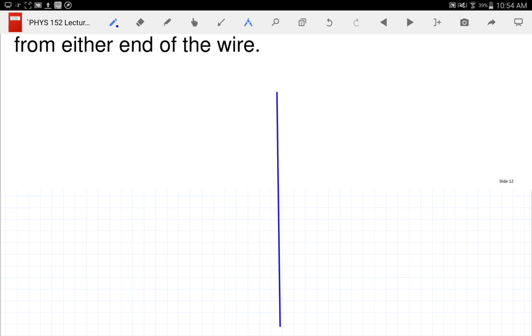But if it's a long wire, I can pretend to have cylindrical symmetry. What does it mean to have cylindrical symmetry? It means that if you stay the same distance away from the wire, go around a circle or go up and down, it's not going to change anything. All that matters is how close you are to the wire.